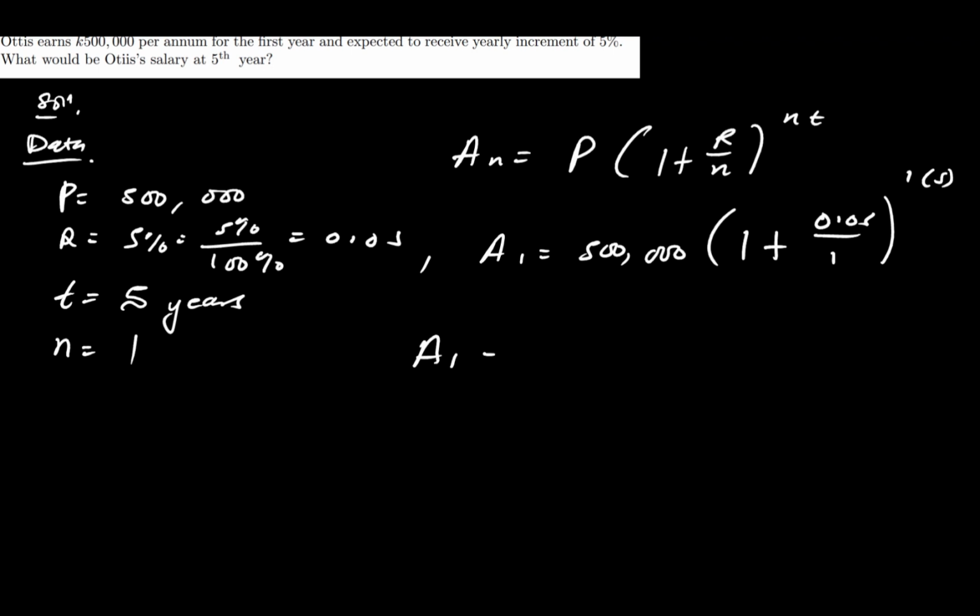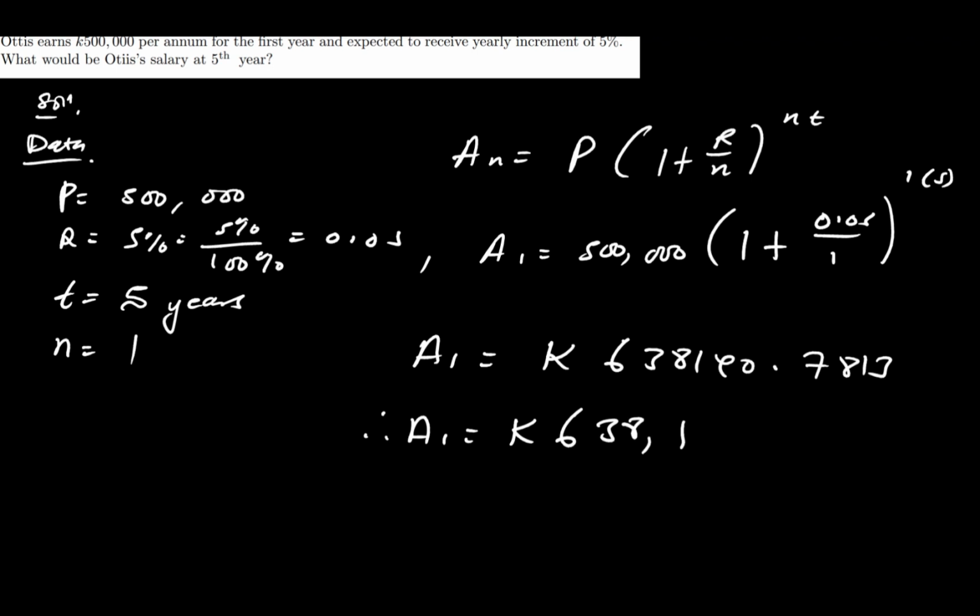So this person is going to be getting about 638,140.7813. You can round off the total amount to be 638,140 kwacha 0.78. So that is the amount of money this person will be getting as salary in the 5th year.